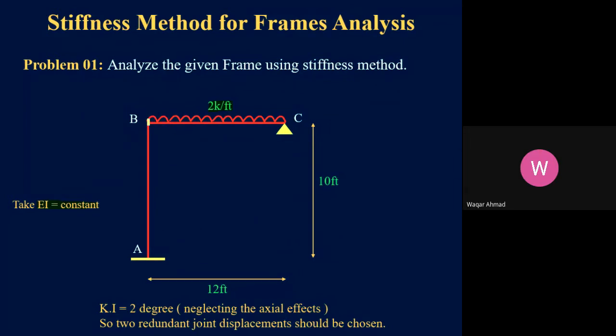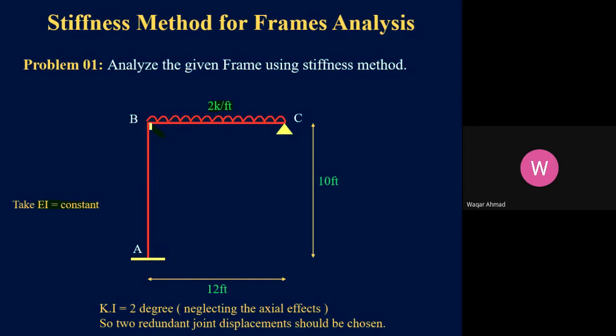Now I move to support B. If this 2 kip per foot uniformly distributed load is acting on this member, and this member is connected at this point B, what will happen to point B when this load acts on the member? This will rotate this point.